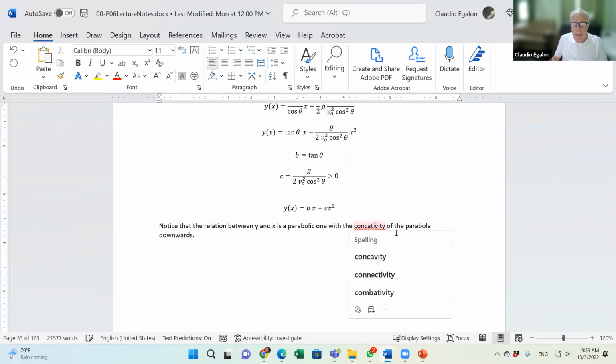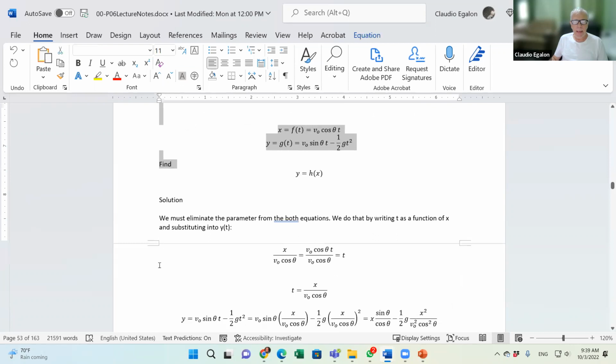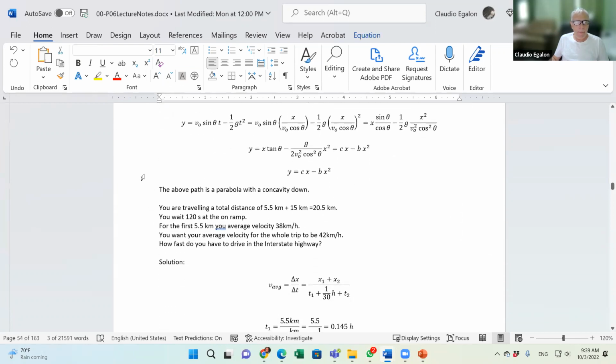That's what this negative sign is all about. So I proved to you the path of the projectile is a parabolic one. Okay, I can erase that now. Concavity down.